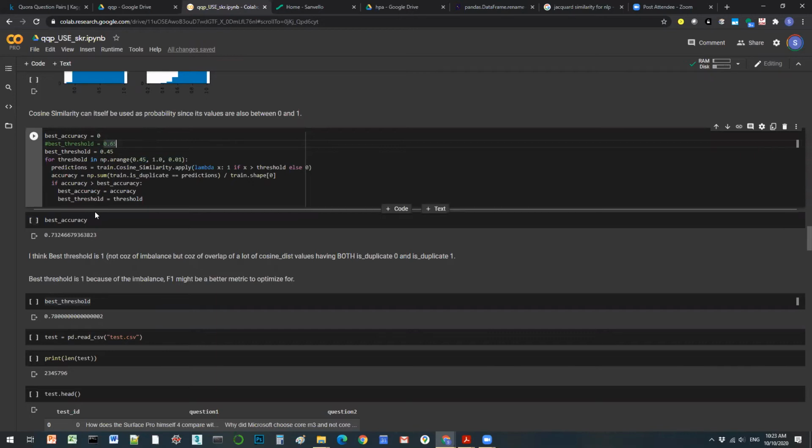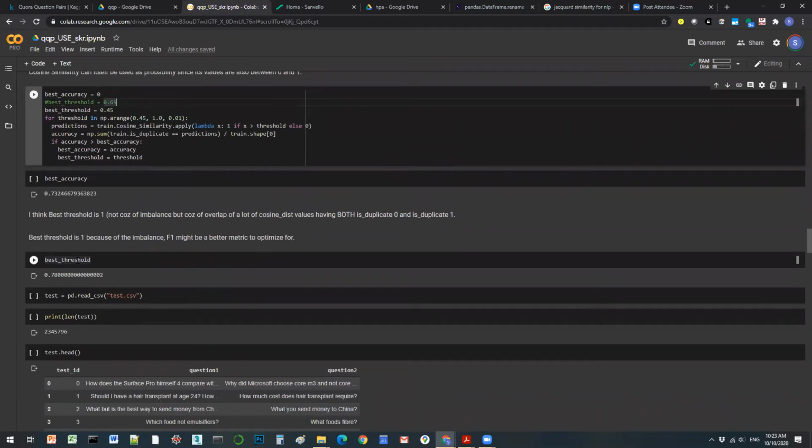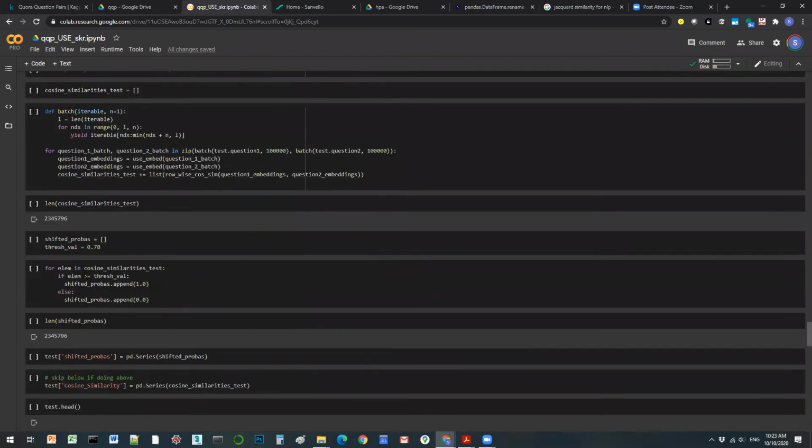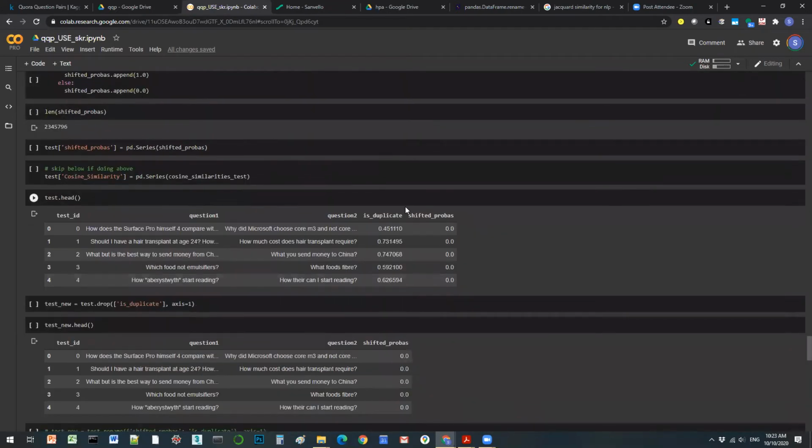But after finding out that this is my best threshold, I use this threshold to threshold my test results, right? Remember what Gautam had done was rename the cosine distance thing as is duplicate.